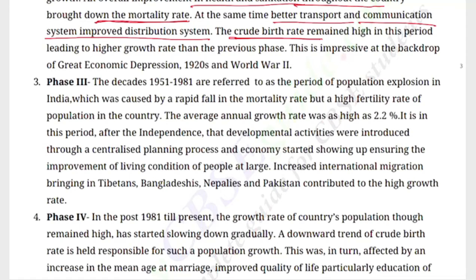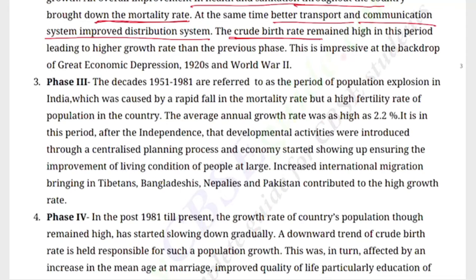and which was caused by the rapid fall in the mortality rate but a high fertility rate of the population in the country. और जो ये population explosion हुआ, it was because of the rapid fall in the mortality rate, because after independence of the country, the health system, the food system, the food distribution system was increased and developed.